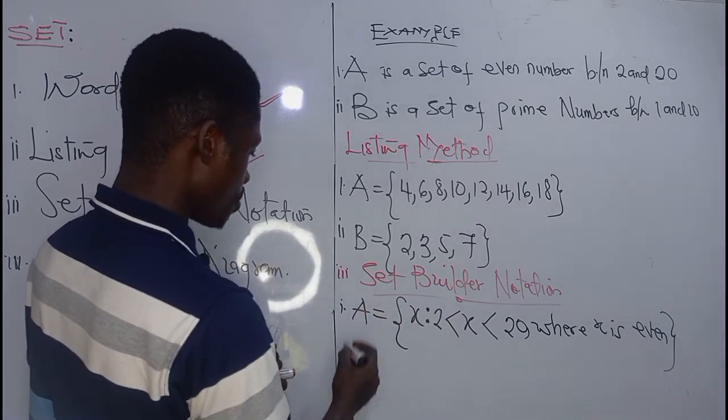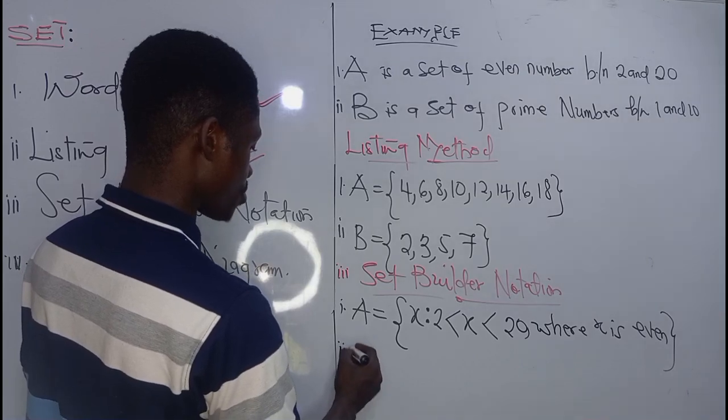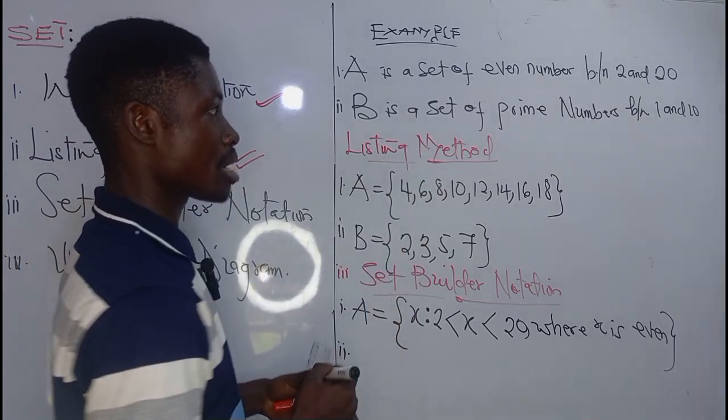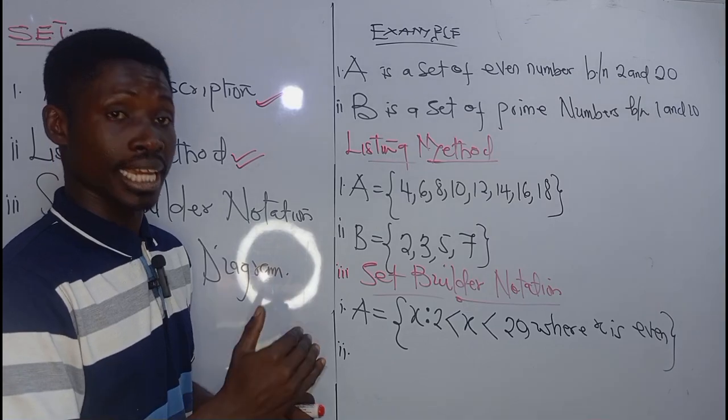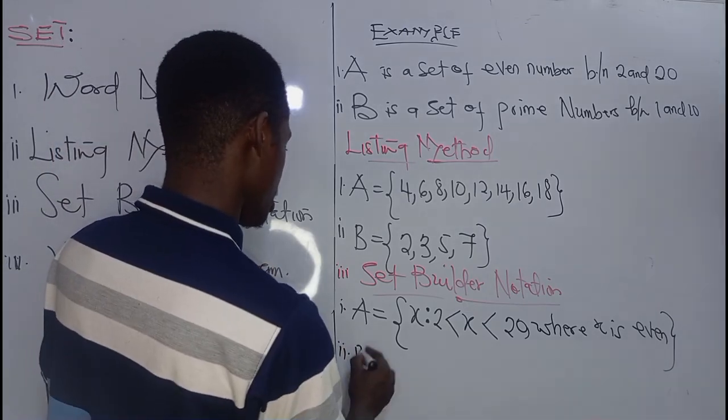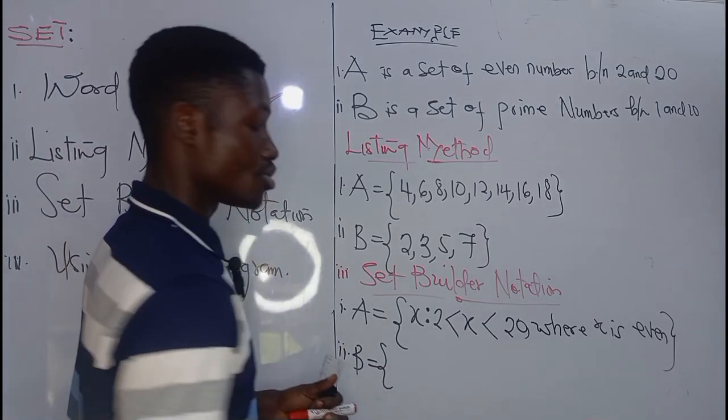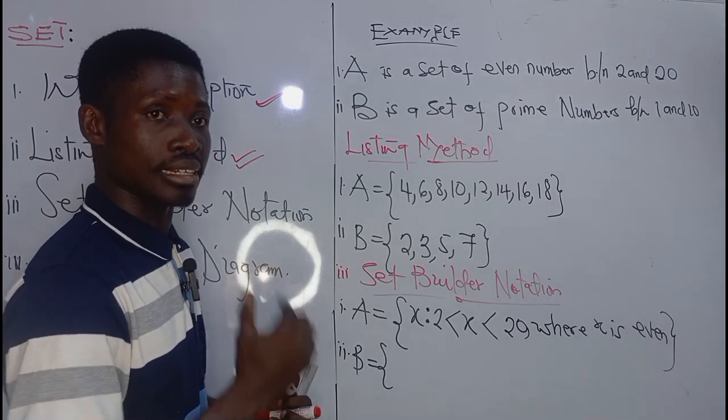Good. Now with the same word description, we had B is a set of prime numbers between 1 and 10. So we can use the set builder notation to describe that particular set.